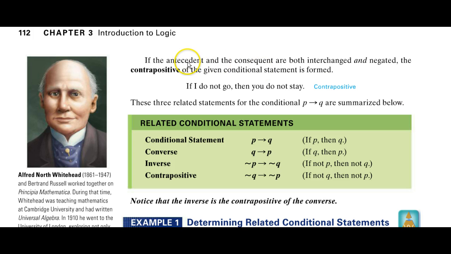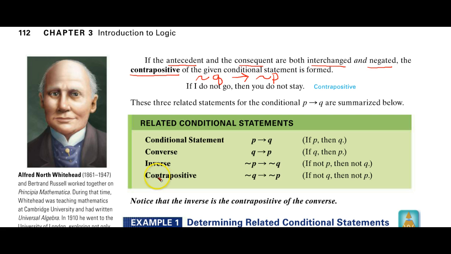And in this next part, we see if the antecedent and the consequent are both interchanged and negated, then we end up with what is called the contrapositive of the given conditional statement. So, again, this would be Q, this would be P, and they are both negated, reversed and negated.